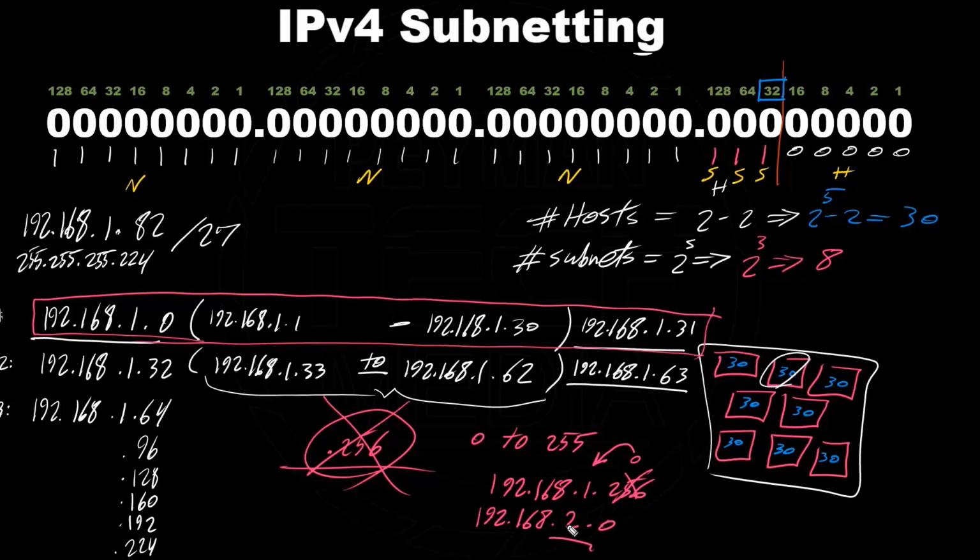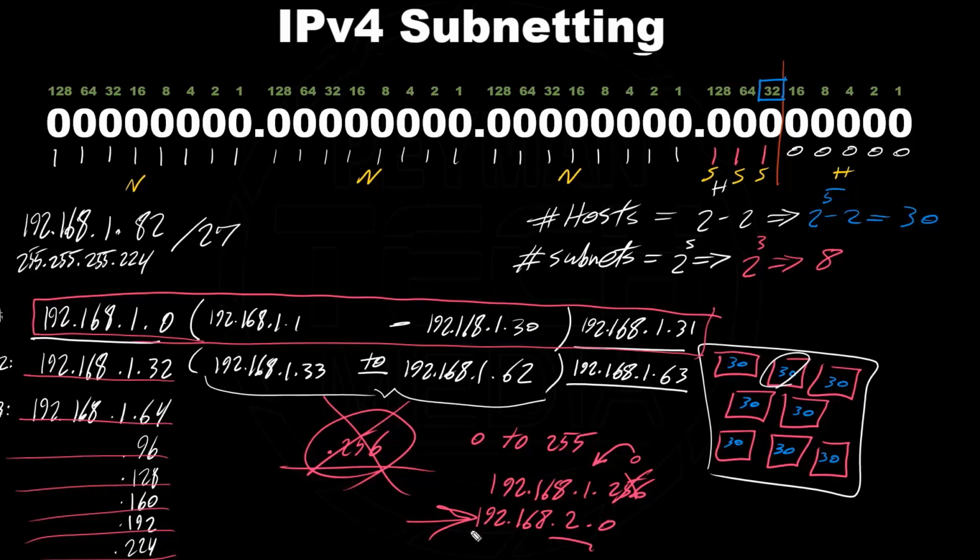Therefore, here we can see the CIDR notation of 27, or the subnet mask of 255.255.255.224, will give us 8 subnets. This is the first subnet, second, third, fourth, fifth, sixth, seventh, and the 8th subnet. After that, the 9th subnet, that's 256, which we talked about, is not correct. It will take us to the next network.